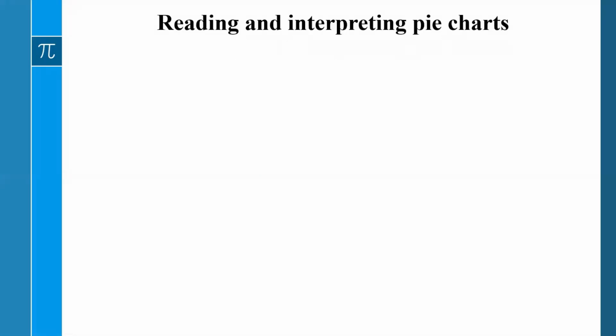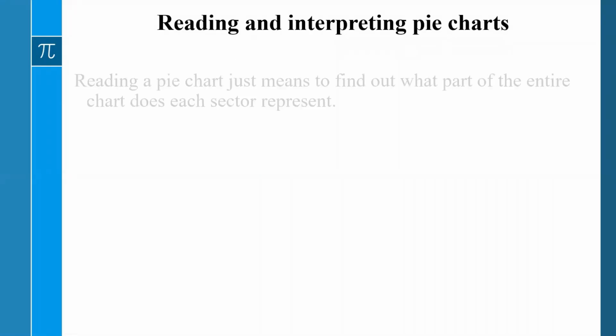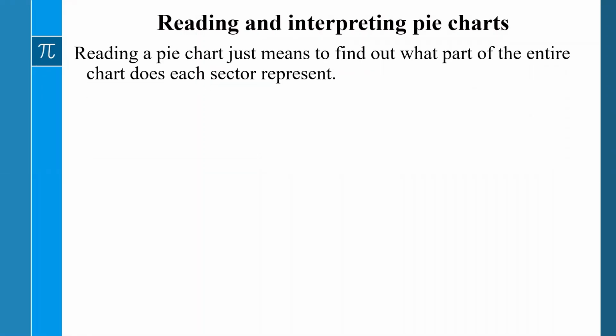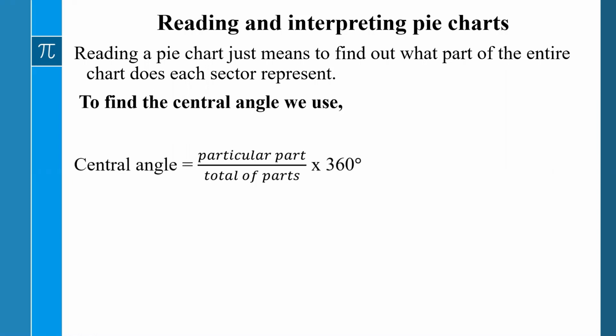In interpreting pie charts, reading a pie chart just means to find out what part of the entire chart each sector represents. To find the central angle, we use: central angle is equal to particular part upon total of parts multiplied by 360 degrees.